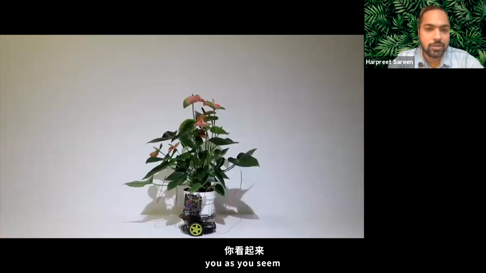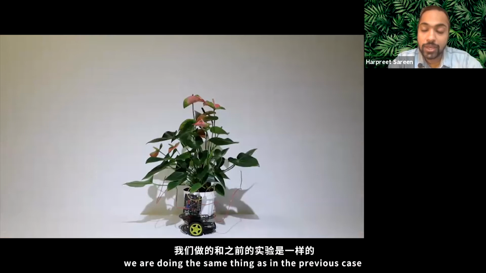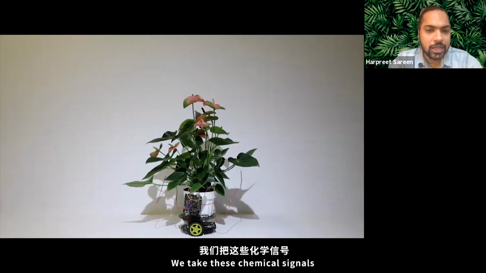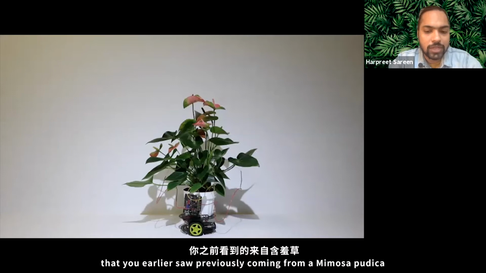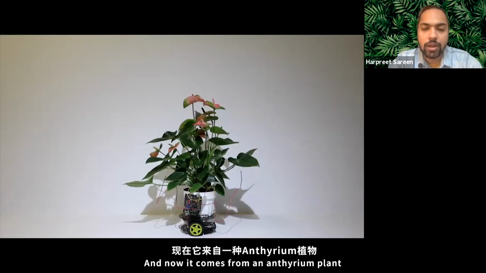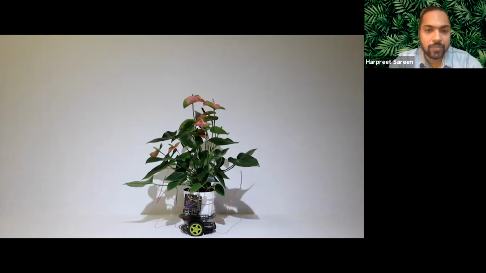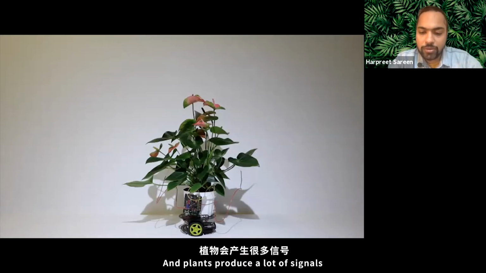In this case, we are doing the same thing as in the previous case, but we connect these plants with a robot. We take these chemical signals that you earlier saw coming from a Mimosa pudica, now coming from an anthurium plant, and we send them to a robot. Plants produce a lot of signals.